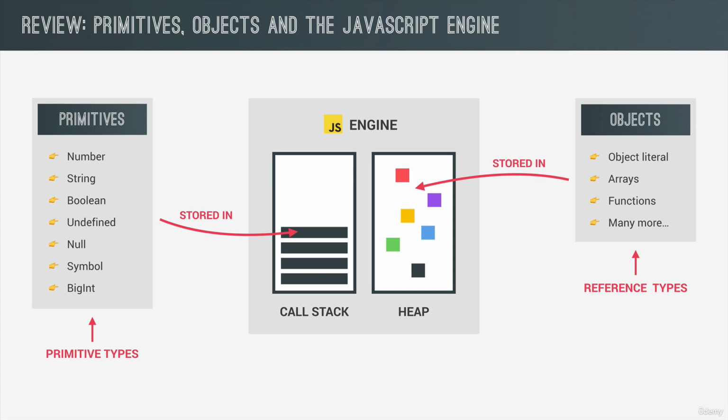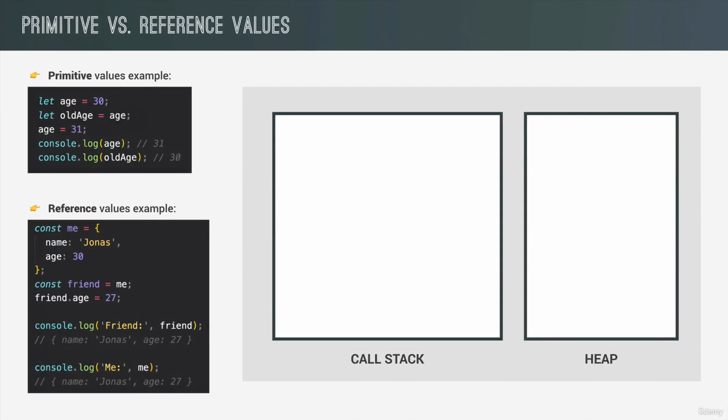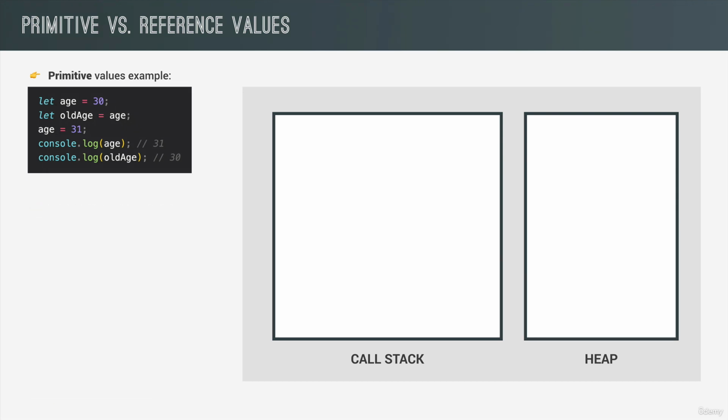All right, but now how does all that actually work? And why did our code example earlier behave in that weird way? Well, let's find out. So here we have the two code examples from earlier, as well as the engine with call stack and heap. And let's start by looking at the primitive values example. So when we declare a variable like age equals 30, what actually happens inside the JavaScript engine and the computer's memory?